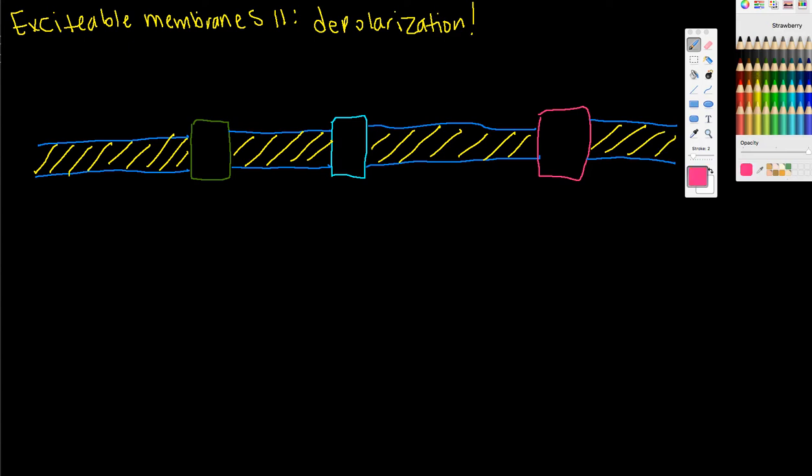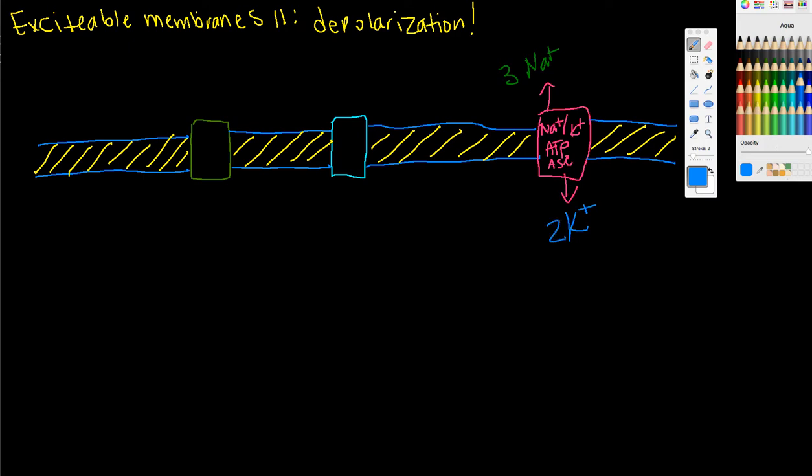Okay, so let's label our major players here. So this is the sodium potassium ATPase. And this is going to move sodium out and let potassium in. And not only that, it's going to do it unevenly.